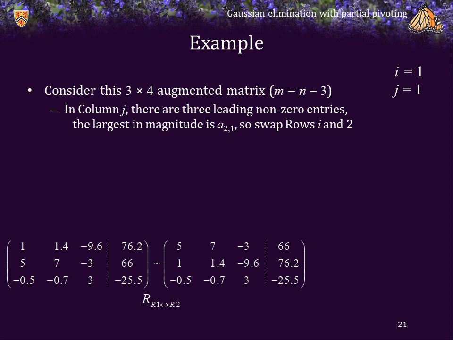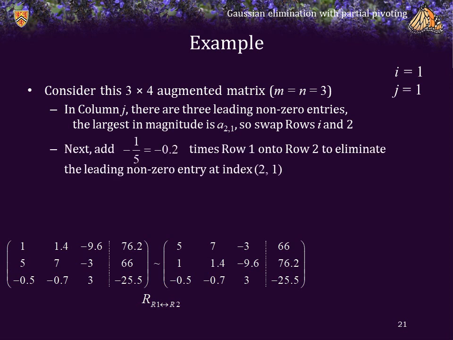We will now add appropriate multiples of row i, or row 1 in this case, to all subsequent rows to eliminate any other leading non-zero entries. So we will add negative 1 over 5, or negative 0.2 times row 1 onto row 2 to eliminate the leading non-zero entry at index 2, 1.